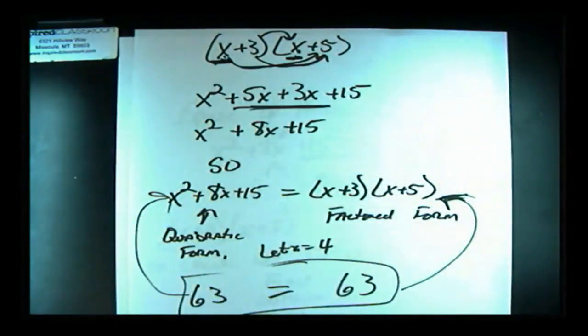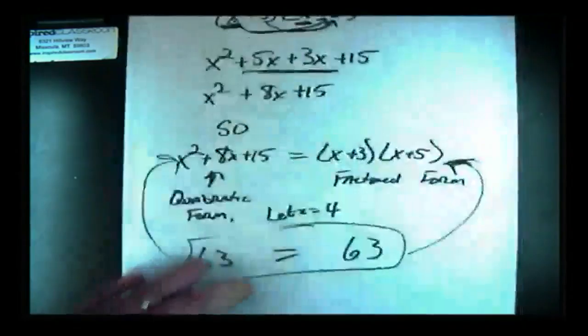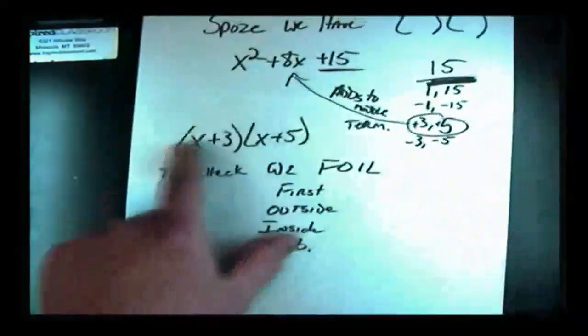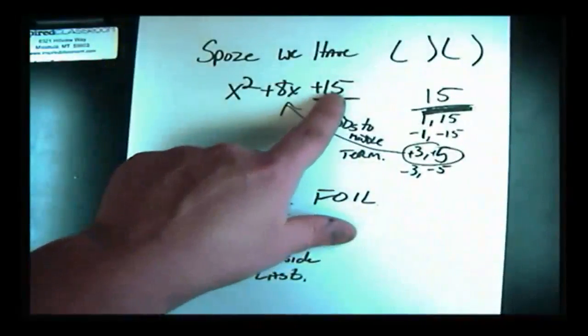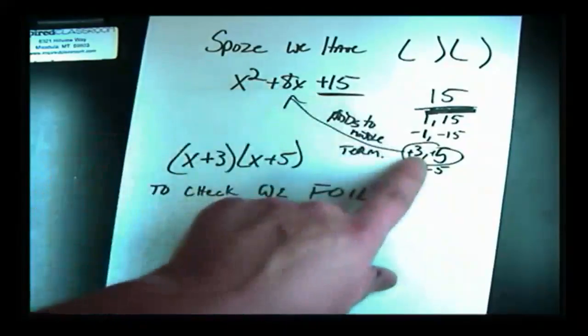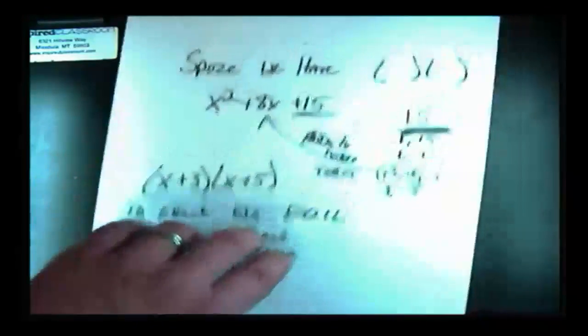And that may be something that will be useful come test time. So we need to remember FOIL to go this way. First, outside, inside, last. And we need to remember to get the factors of our last term right here and find the ones that add up to our middle term.